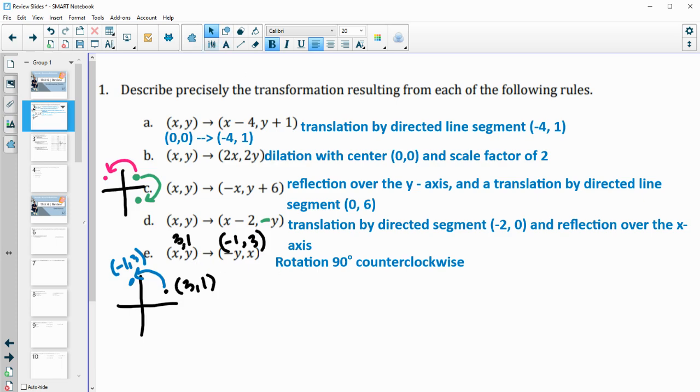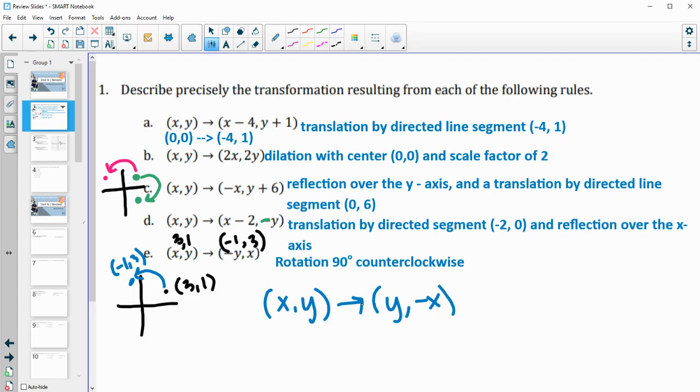But you know that it's going to be a rotation when these x and y's switch places, so when they're not in the same spot anymore. There's another one that would be like y, opposite x, or opposite y, opposite x. You can get a couple different ones, and that means that it's going to be some type of rotation.